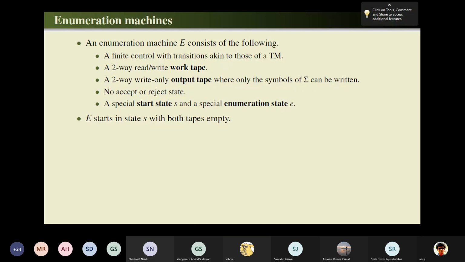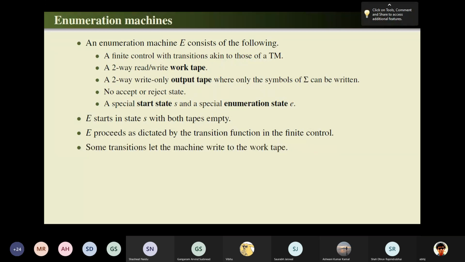You cannot read anything from that. Then it proceeds as dictated by the transition function, and from time to time, the machine writes to the output tape.